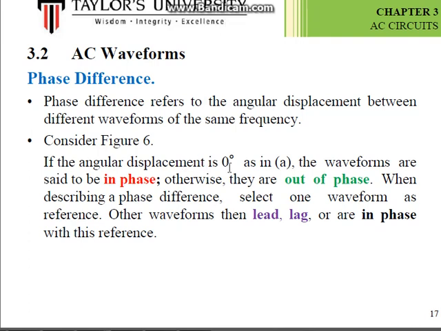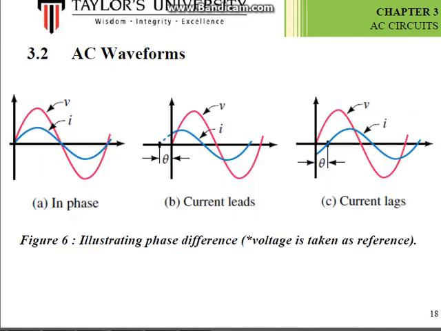If both signals are in phase, it literally means that the displacement is 0. Let me show you what it means here. You have a voltage signal and a current signal, and both signals start at the same time. So there is no phase difference between them, or it is 0 degree phase difference, and that's why the term we use is that they are in phase with each other.